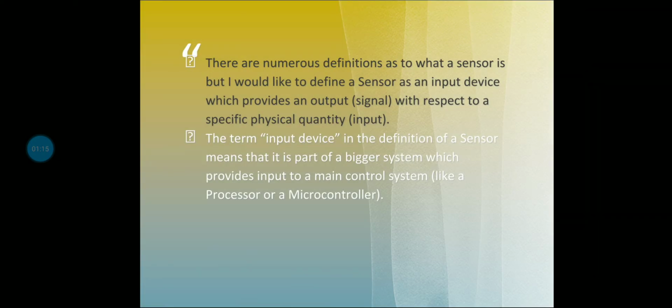There are numerous definitions of what a sensor is, but I would like to define a sensor as an input device which provides an output signal with respect to a specific physical quantity, which is the input. The term input device in this definition means that it is a part of a bigger system which provides input to a main control system like a processor or microcontroller.